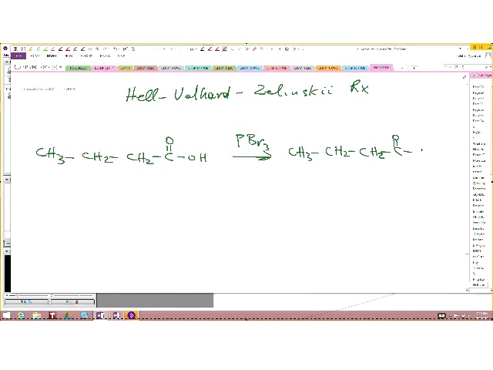In this case, the acid bromide. And somehow, this molecule here forms an enol.